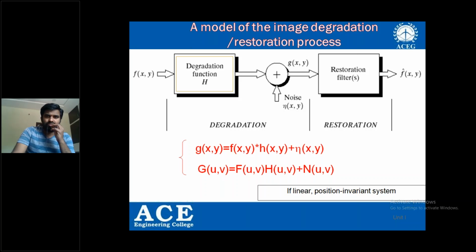If you apply the restoration process, you get an estimation of the original image, which we represent as f cap of x comma y. n of x comma y, or capital N of u comma v, represents the noise component and its Fourier transform respectively.